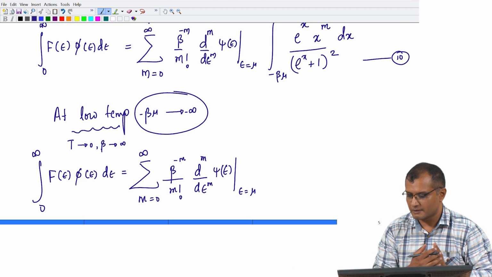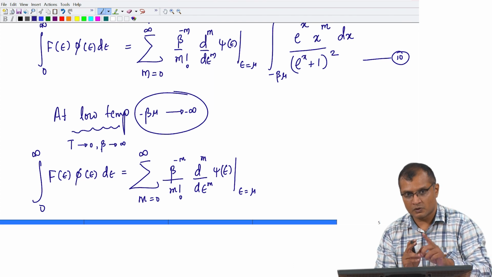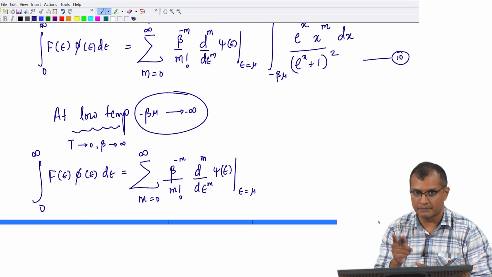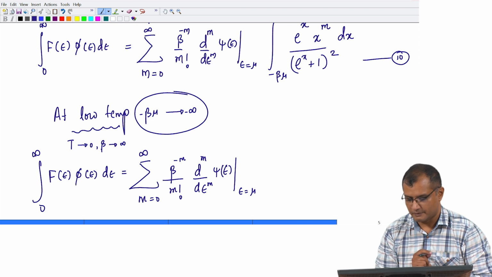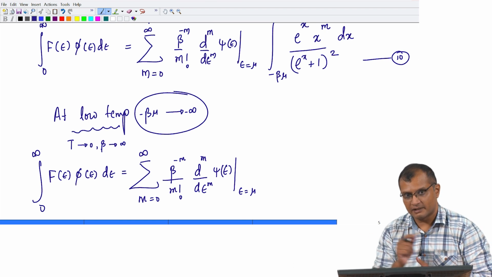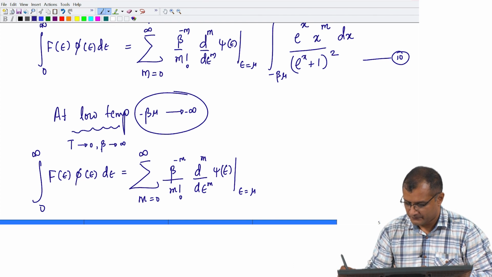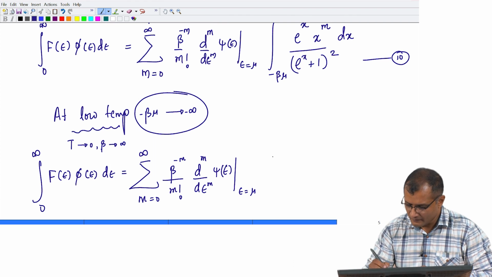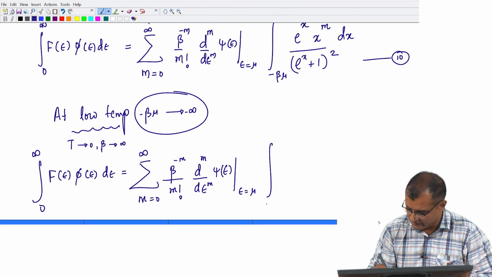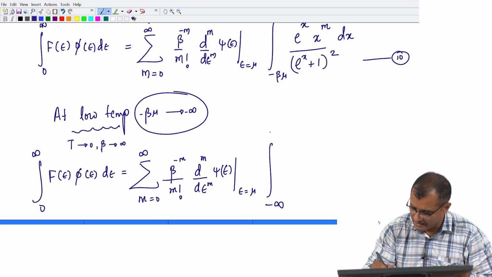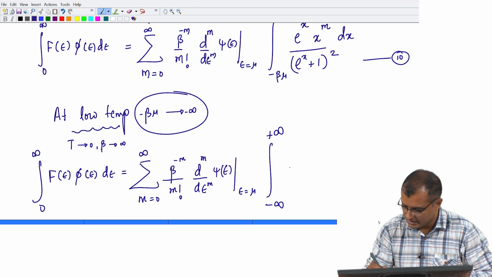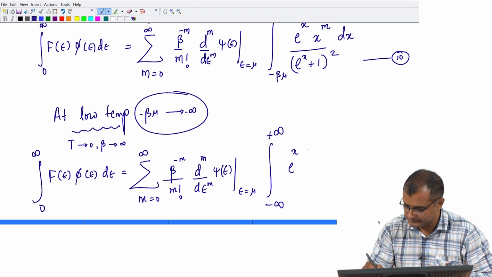In fact, the integral that I am going to run into very soon will also be explained in the mathematical prerequisites, which is discussed as a separate lecture, so that I do not take a long digression into the problem. So, then this integral at the low temperature will have now new limits going from minus infinity to plus infinity, e to the power x, x raised to m over e to the power x plus 1 a whole square dx.